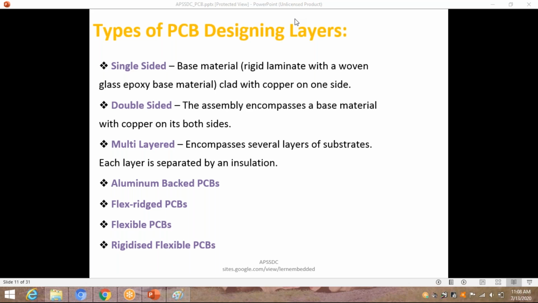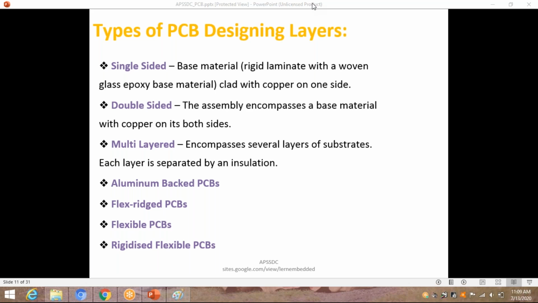Electrical connections between layers of PCBs. From the top layer to the bottom layer, we will have a hole, and that hole is surrounded with a conducting material. Is it clear, guys? That is known as a via.